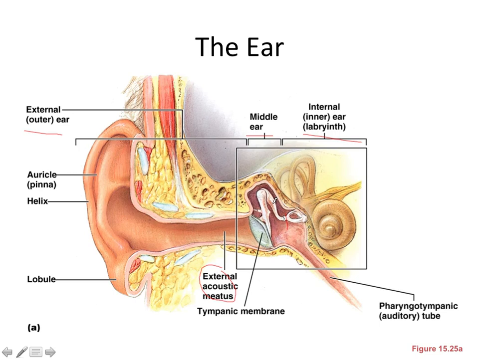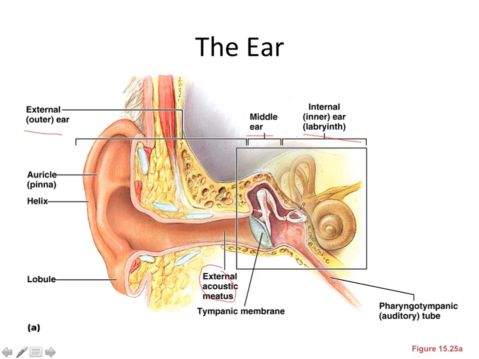This cavity is linked to the external environment through the pharyngotympanic tube. The pharyngotympanic tube lets air get in or out of the middle ear to maintain equal air pressure in the middle ear as the external environment.